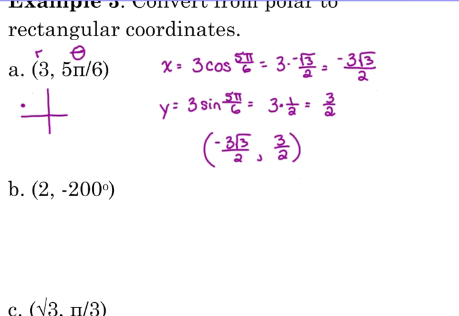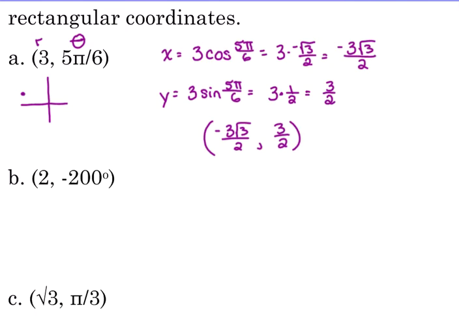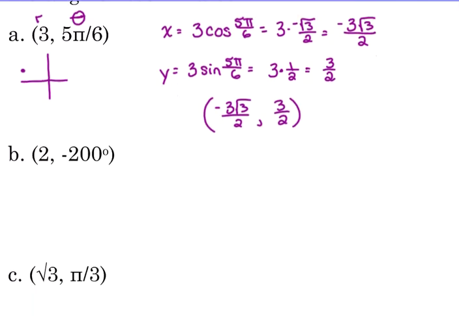Now, the next example, 2, negative 200. Negative 200 is not an angle on our unit circle. So this one is okay for us to have decimal coordinates. But I still do want us to think through this for a second. Where this would be, negative 200, let's see here, that would be in the second quadrant as well.